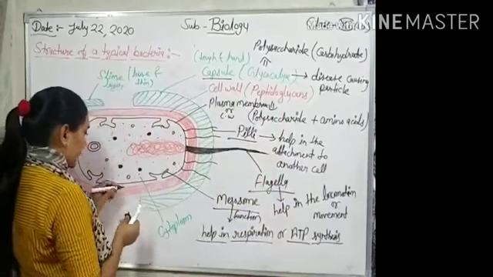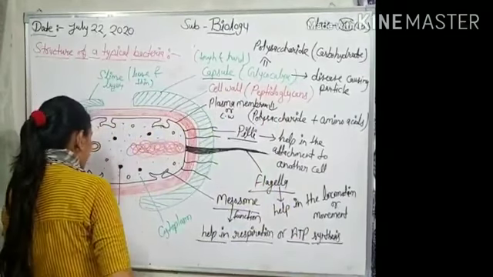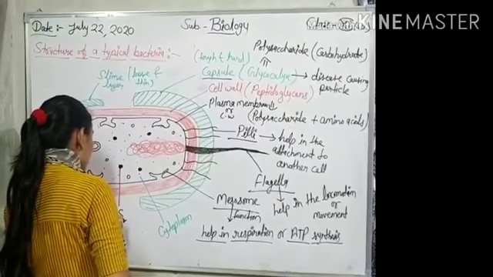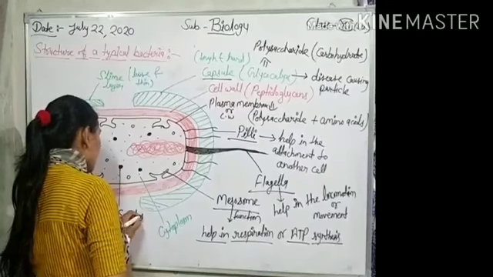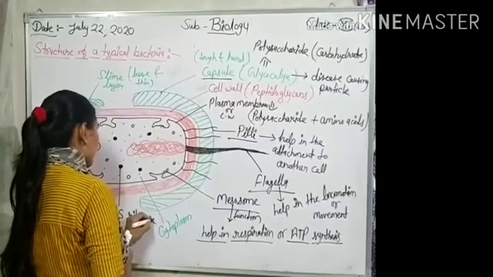Okay, and only one cell organelle is present in bacteria, the 70S ribosome.